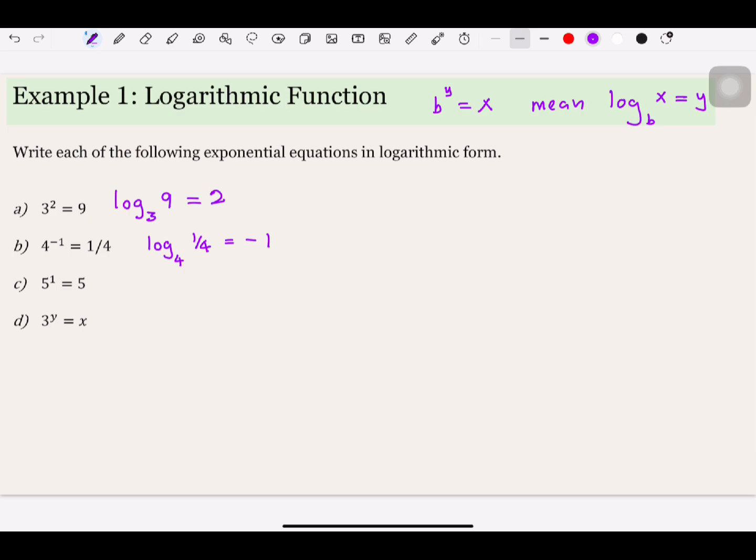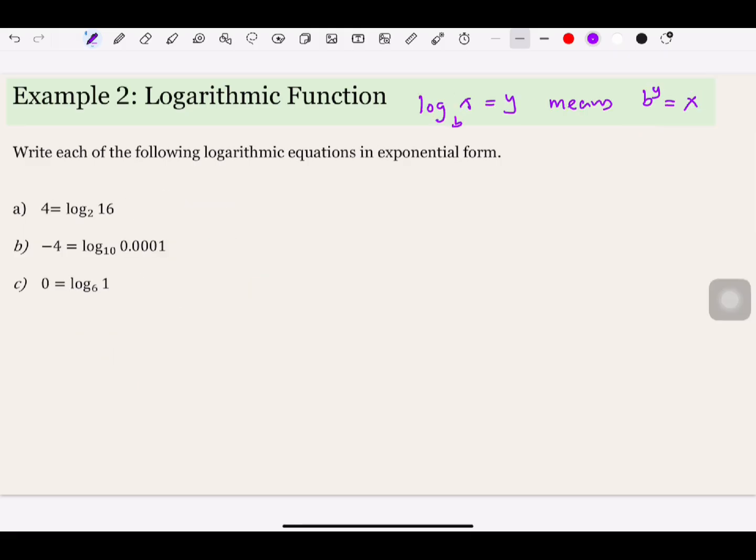In the third example, again 5 is the base, 1 is the exponent, and this is my output. So log, base, output and the exponent. Last example, log, you write your base, here the base is 3, y is the exponent, x is the output. So you write your output and you write your exponent.